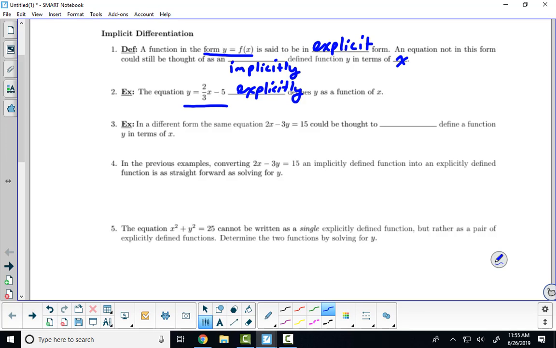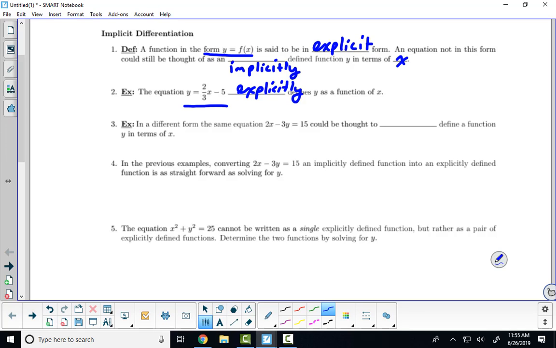And it's for that reason, even though you had studied equations for a long time prior to learning function notation, that when you were given an equation in this form, then when you started talking about functions, they said, oh, just think of f of x as y. Well, there's more to a function than just saying f of x is the same as y. But if your equation was explicitly defining y as a function of x, then the two are interchangeable. Okay? But only in that case.